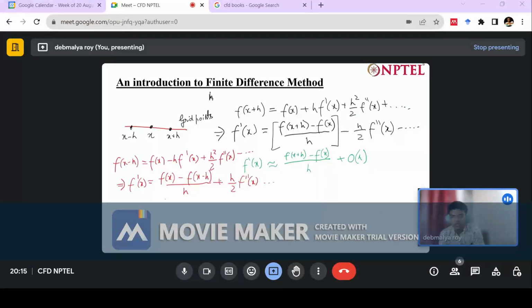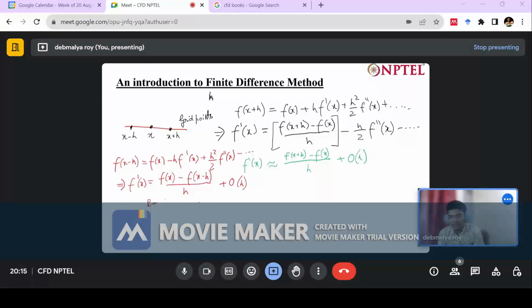So here also, if I approximate up to this term, then I can say that I have order h. So this is called backward difference, because this is x minus h, so it is like a backward point.